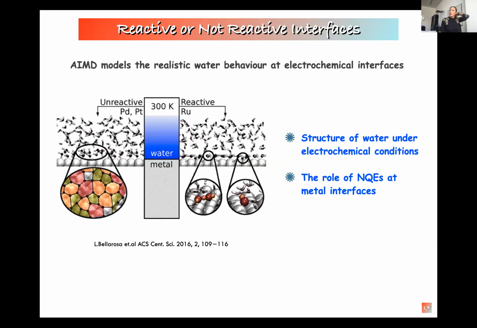So the next aspect that we want to consider about this water-platinum interface is the reactivity of the interface. So it is possible to have water dissociation at the interface.